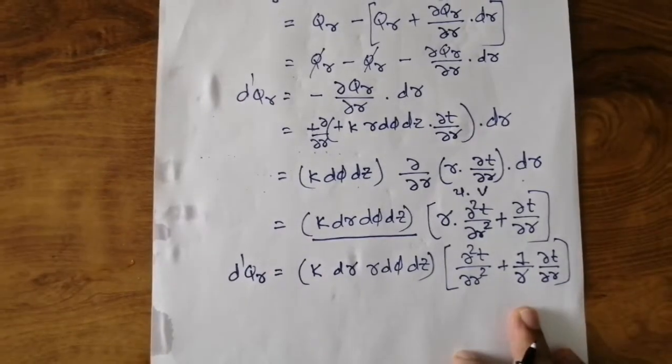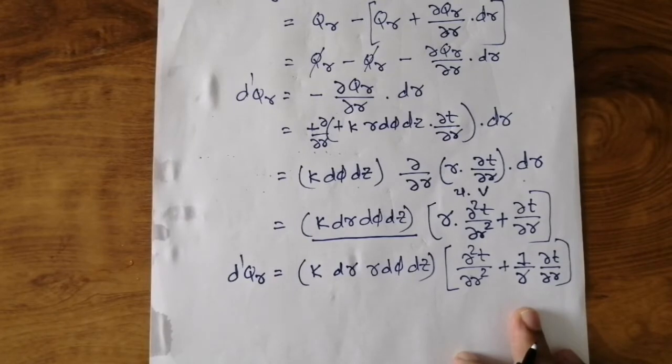Now we are going to discuss the tangential direction. Similarly, for the tangential direction, heat flowing into the element will be considered, and heat flowing out of the element will be considered, for the same time interval dτ.